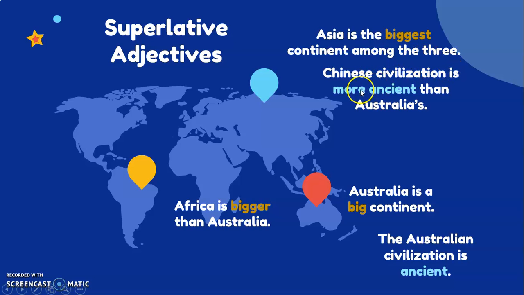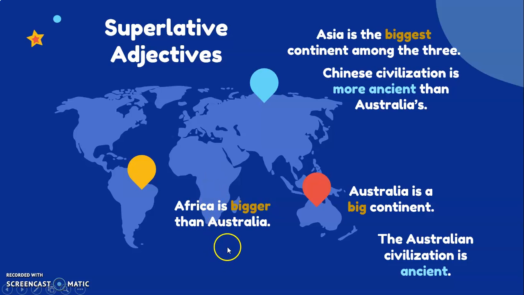So we would say it's more ancient. Okay. When we are talking about long adjectives, we only add the word more. Just like in the previous example, we use more successful than. So either we add er or we add more.